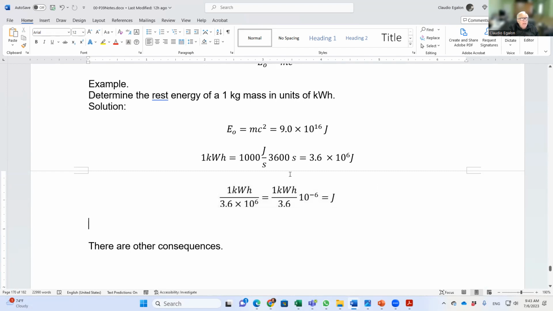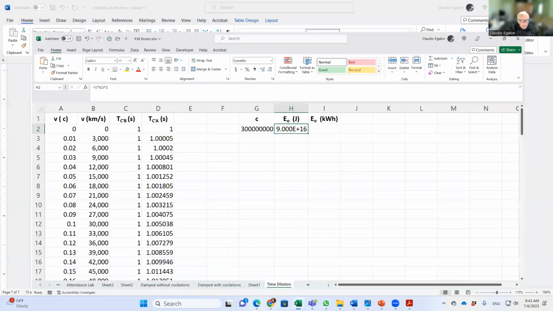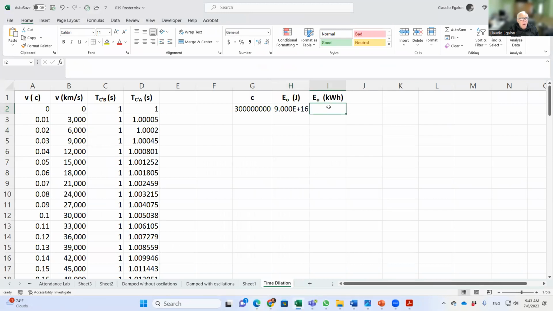So let's convert that into kilowatt hour: 10 to minus 6 divided by 3.6.